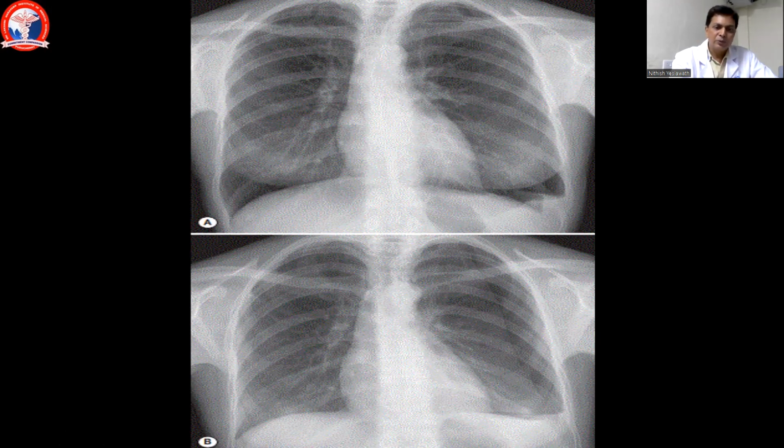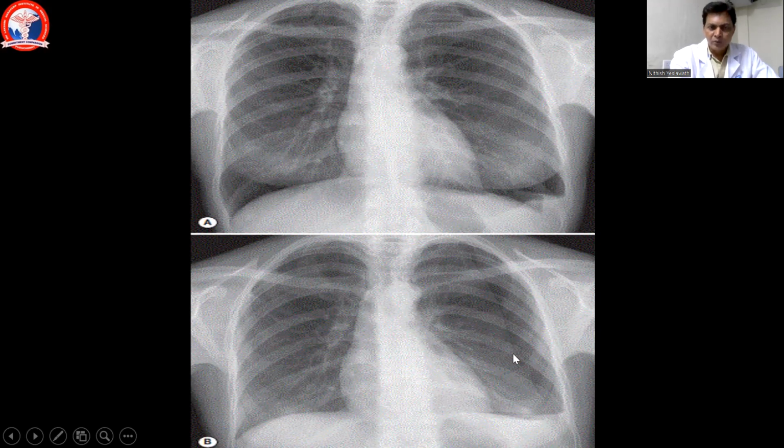Okay, what I wanted to show here, the important thing is that in deep expiration, the left lung is pushed to the medial side, and the pneumothorax has become more apparent.